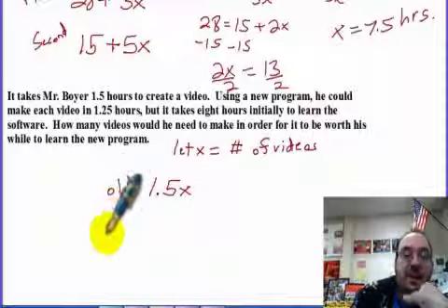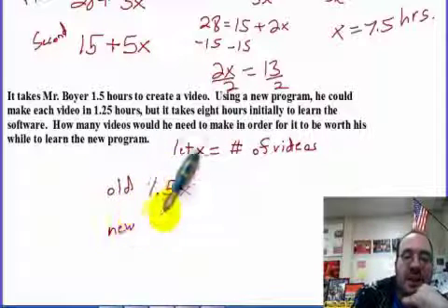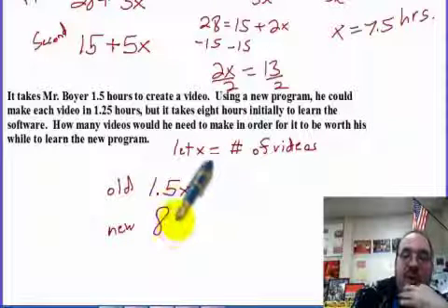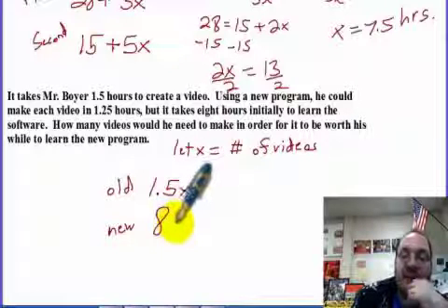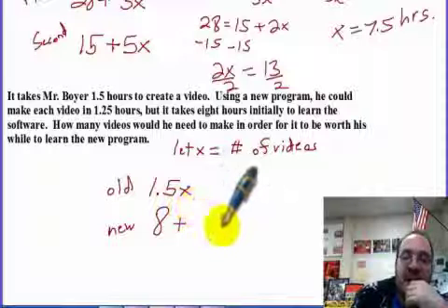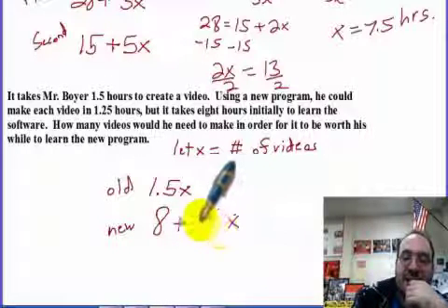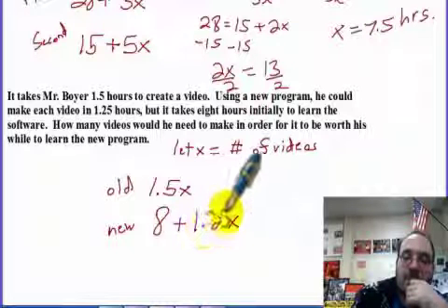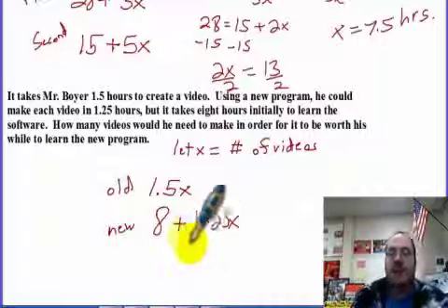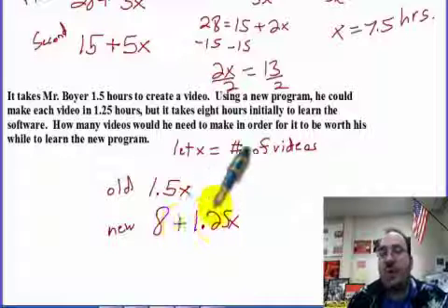But if I learn to do it the new way, then I have 8 hours initially that I have to add on to my time, one time. And then for every video, which I call x, the number of videos, it would be 1.25 hours. Okay? And I want to know when these two things are equal.